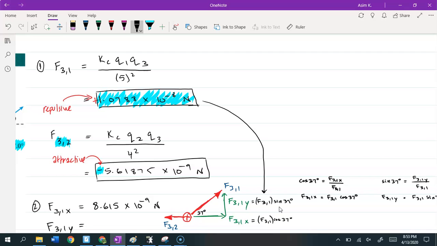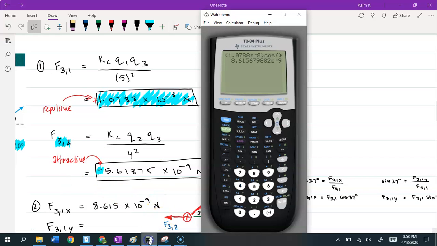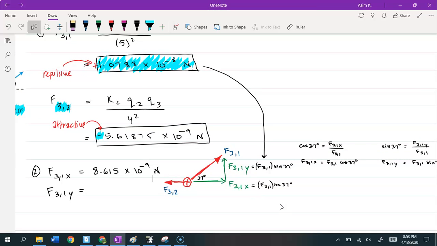Then we're going to do the same thing, but this time for the sine, and that's going to give us the y that we're looking for. Here is the sine, and that gives us 6.492 times 10 to the power negative 9 newtons.